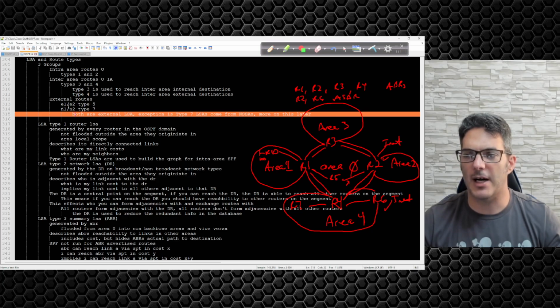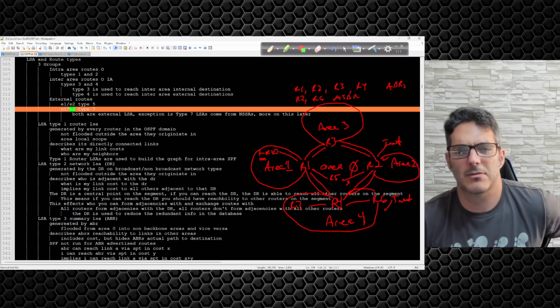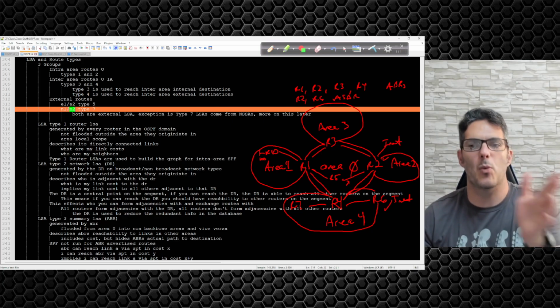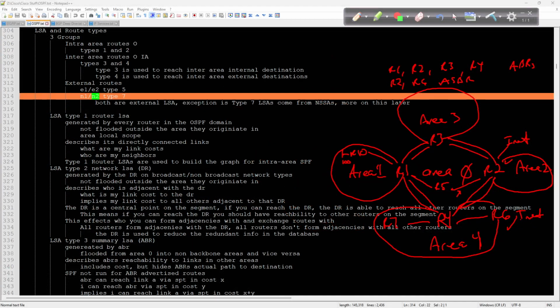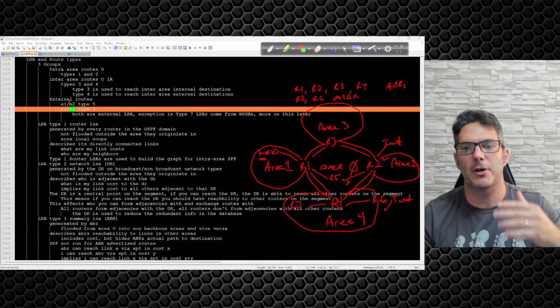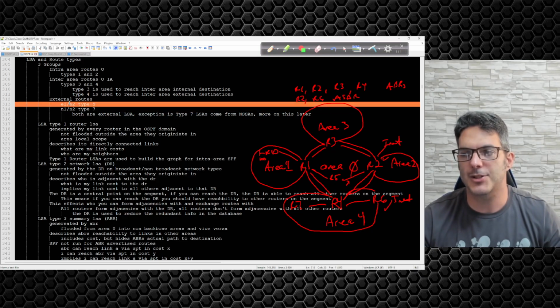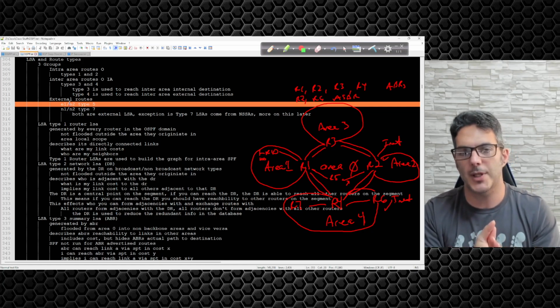So if I go E2 and I go N2, what's the difference between the two? What's an E2 versus an N2? Well, what's an E1? What's 1 versus 2? The difference between the two is how the OSPF metric is incremented. If I have E2, that means when I redistribute into OSPF, I automatically associate a metric of 20 to that.